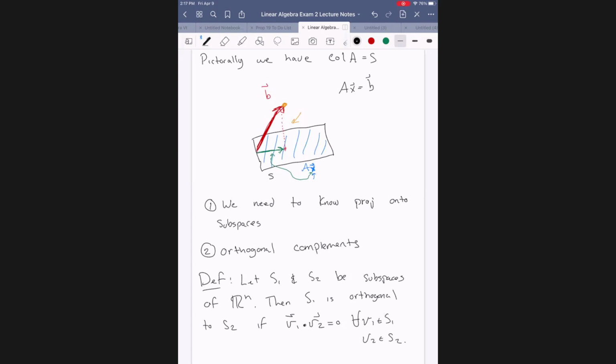It just means that literally the planes are perpendicular to each other. So this is what it means for two subspaces to be orthogonal: every single vector in one subspace is orthogonal to every vector in the other subspace.